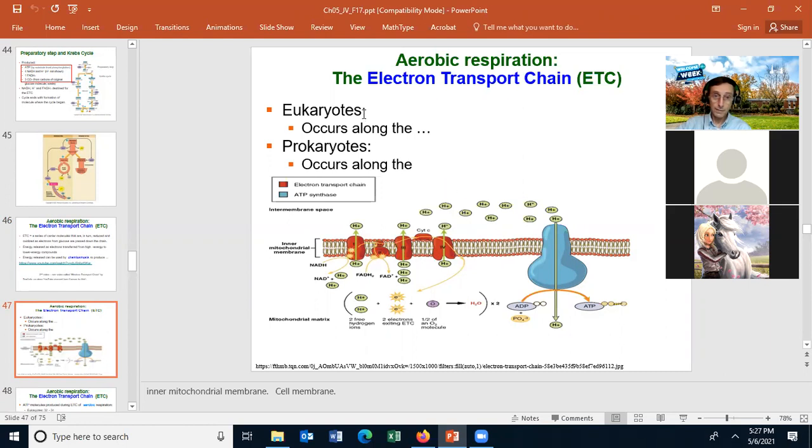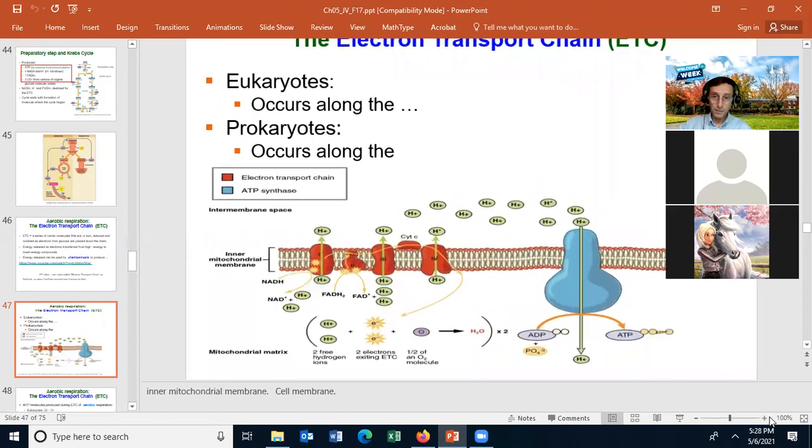In prokaryotes, this membrane is the cell membrane, and it's called an electron transport chain because there's a chain of proteins in a membrane. Any question about that? It's called electron transport because the electrons are donated to the system. Let me blow that up a little.